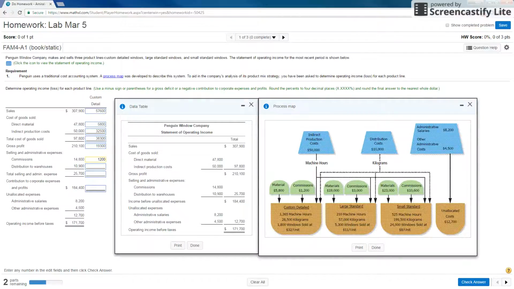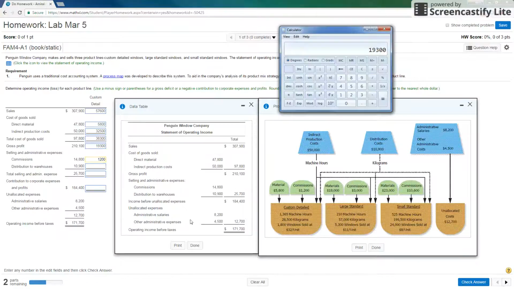So first, before anything, you have to calculate the total kilograms that you use. For the custom detail, you use 28,500 plus 57,000 plus 199,500. So in total, you use 285,000 kilograms.